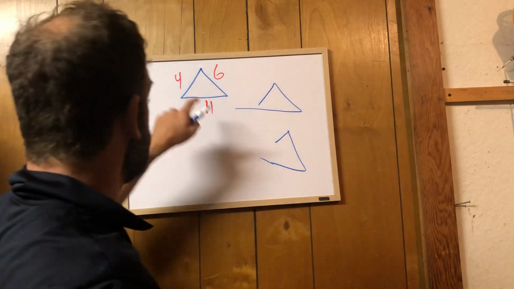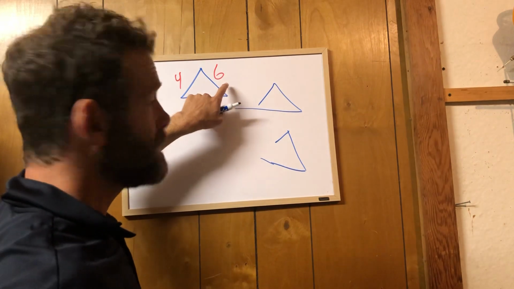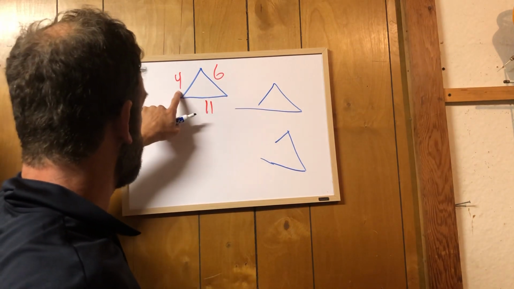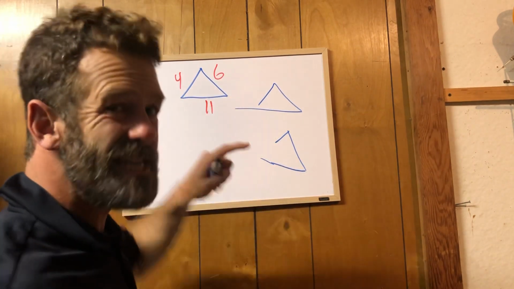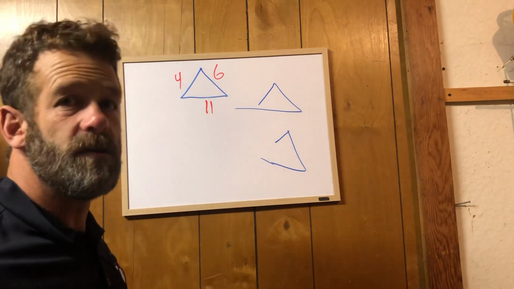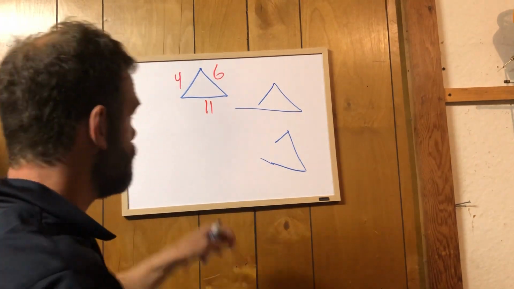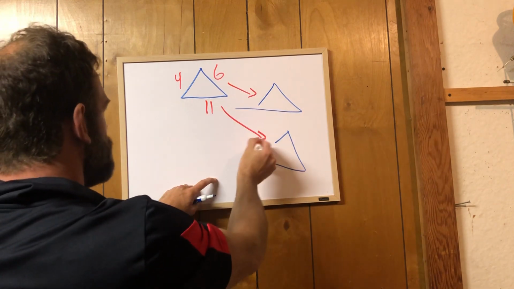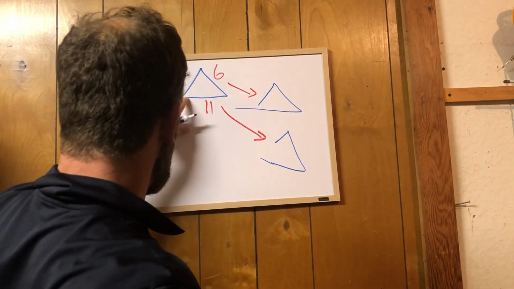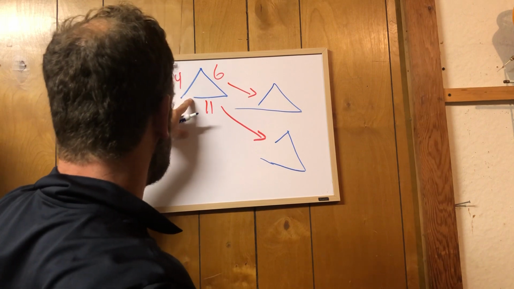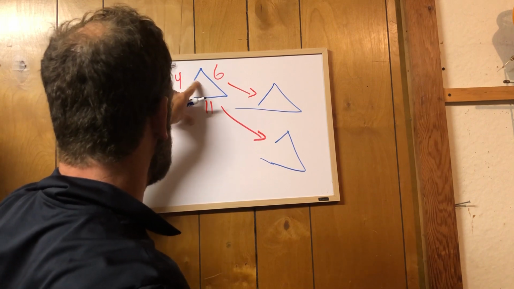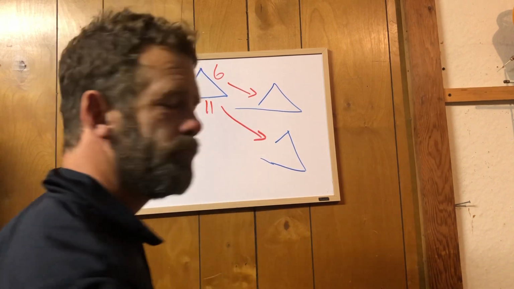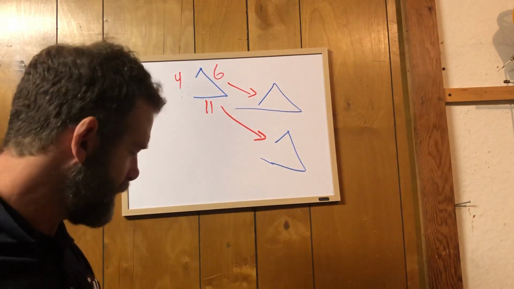Well, 4 plus 11 is greater than 6. 6 plus 11 is greater than 4, but 4 plus 6 is not greater than 11. So what would happen in this scenario is, this ends up being one of these situations where one of these sides is going to be too big or too small compared to the other one. That's called the triangle inequality theorem.